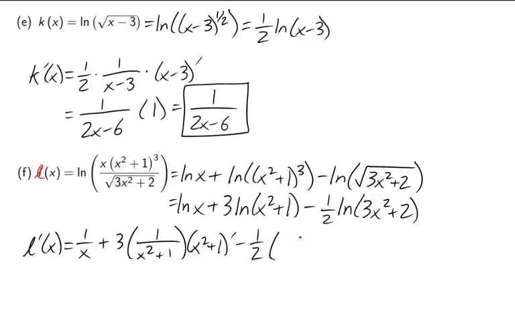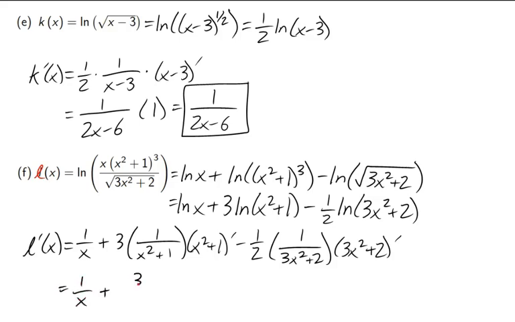Same thing. 1 over 3x squared plus 2 times the derivative of 3x squared plus 2. 1 over u times the derivative of the inside. Remember, the 1 over u is strictly because I'm using natural log, and the derivative of natural log of u is 1 over u. I'm going to simplify this a little bit, but not a lot.